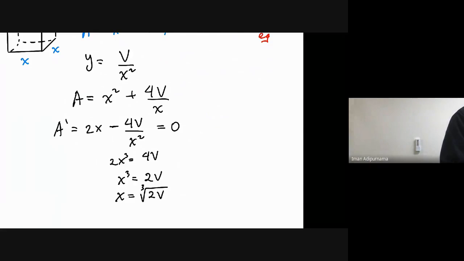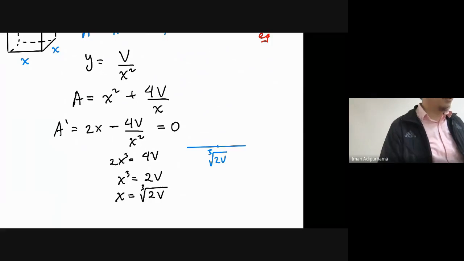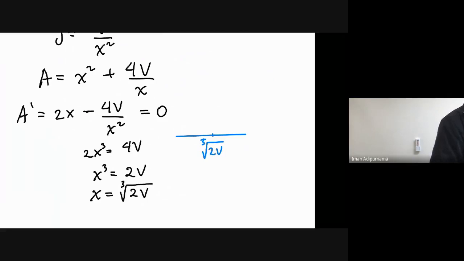In case you want to make sure that this is correct, okay, let's check the 2V. How to check? How to handle the endpoints? Let's say it doesn't have any limitation on x.